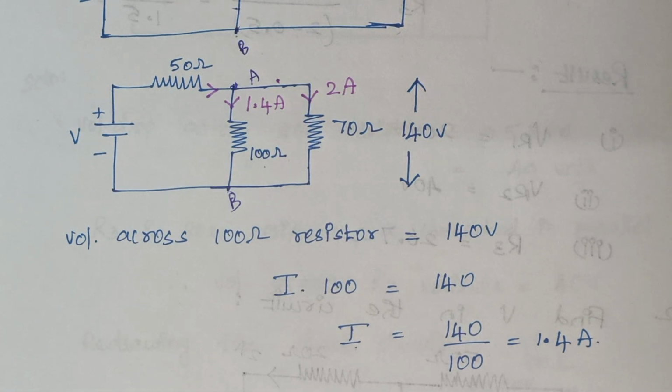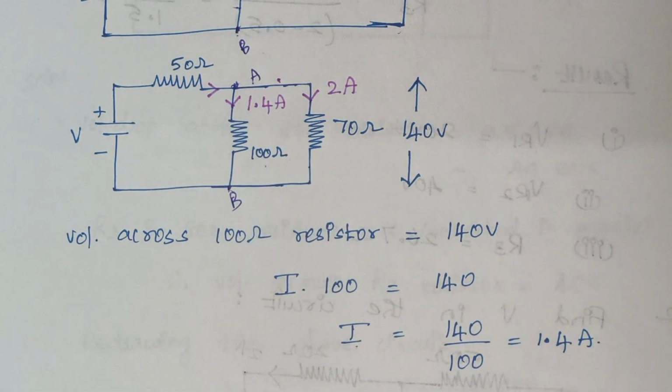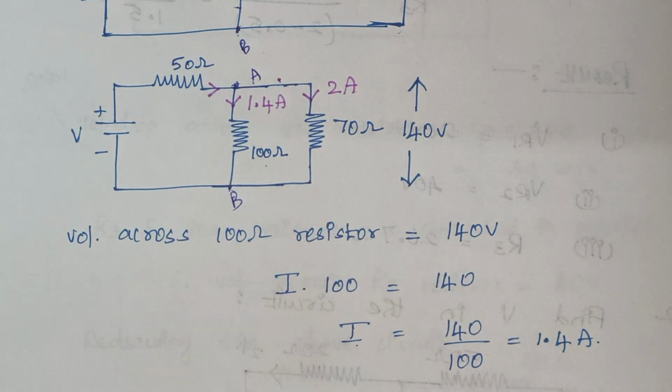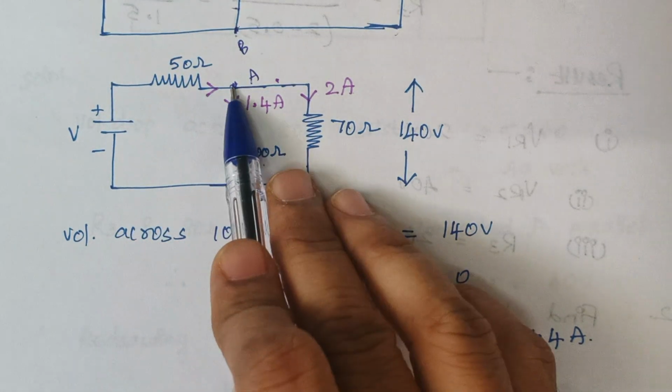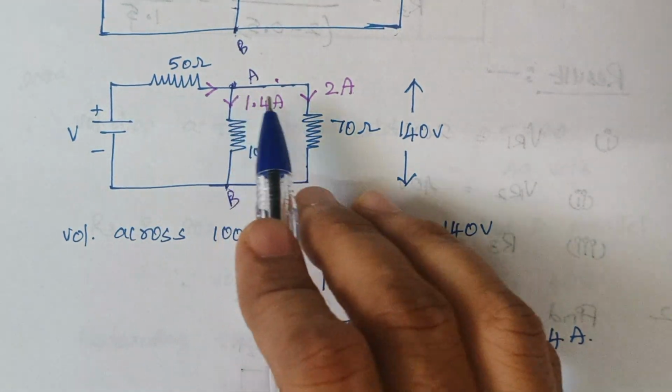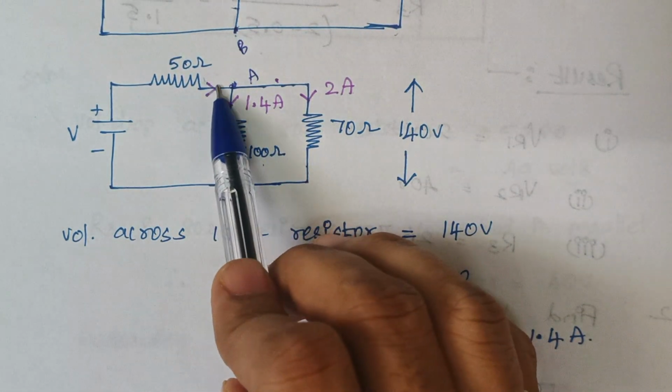Now the next thing is, we are going to calculate the current flowing through this 50 ohm resistor. How to calculate it? The current flowing through this path gets divided into two like this. So what about the total current here?